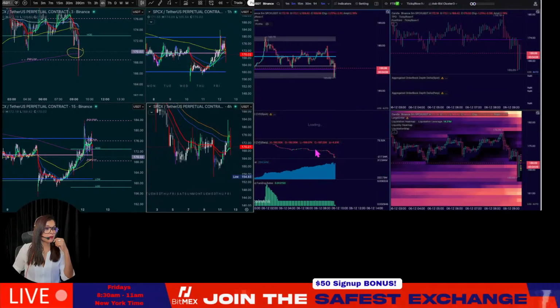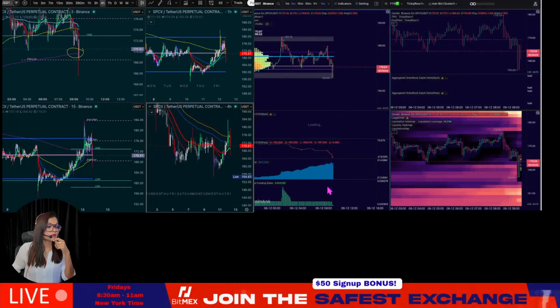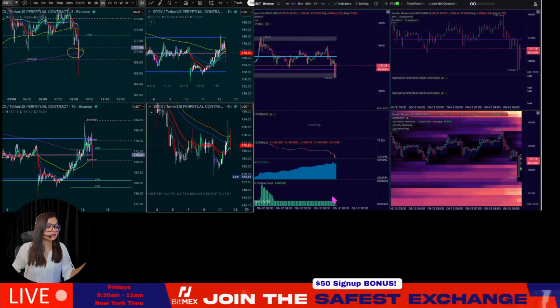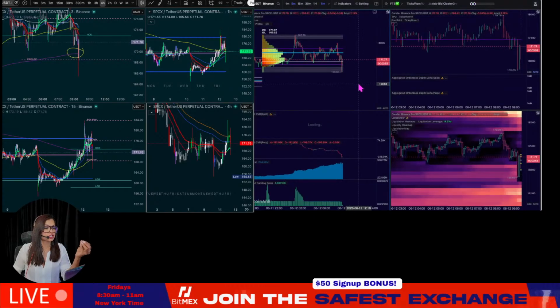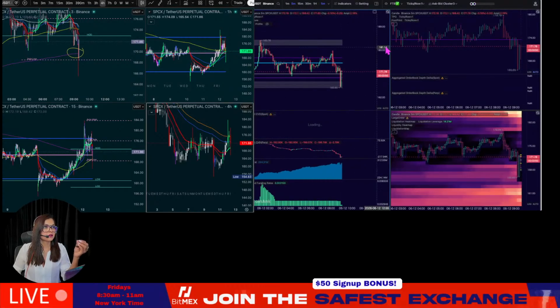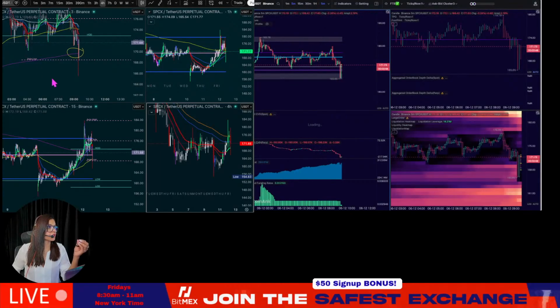Open interest is up, CVD perp is down. And OI weighted funding rates, it's a new contract, so we don't know how price will react. So we have to watch the on-chain data, and we have to go with price first, as you can see here.